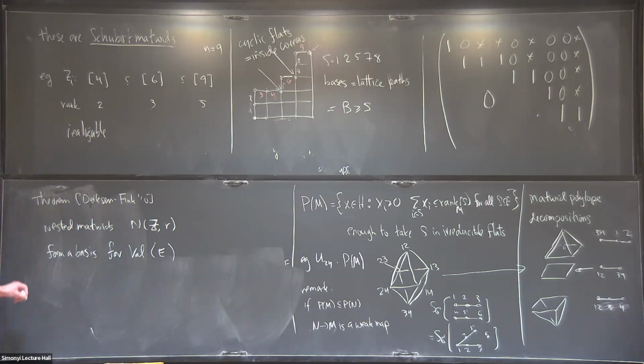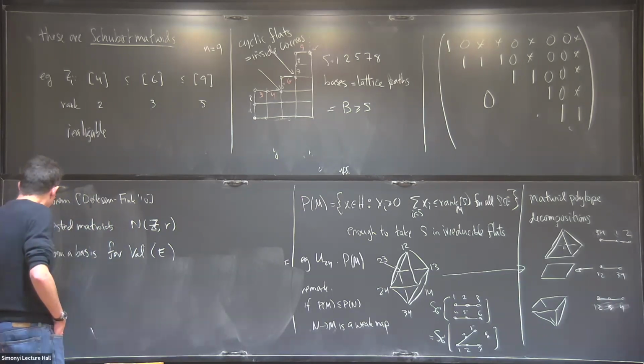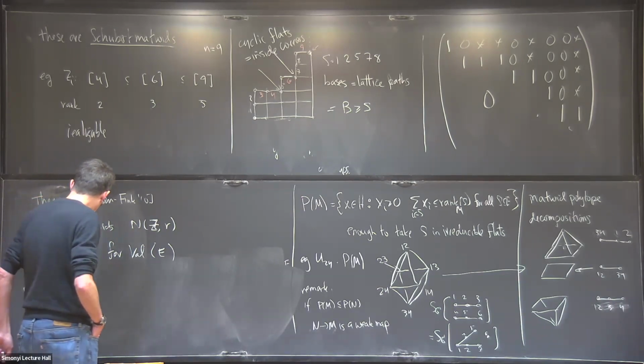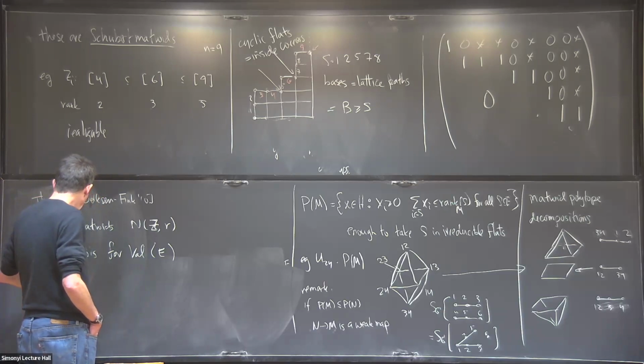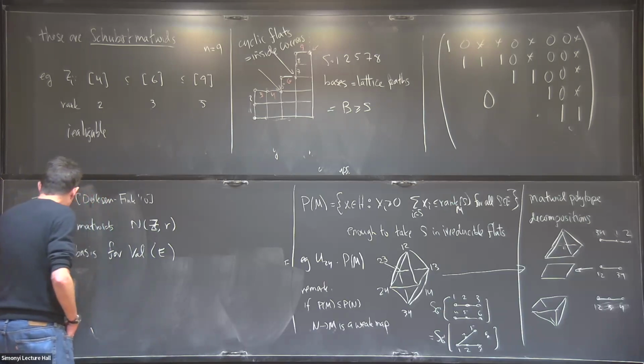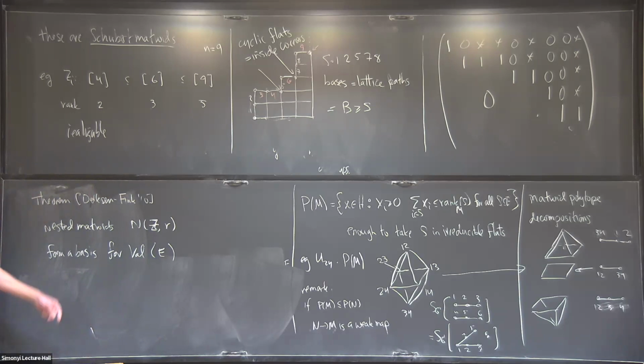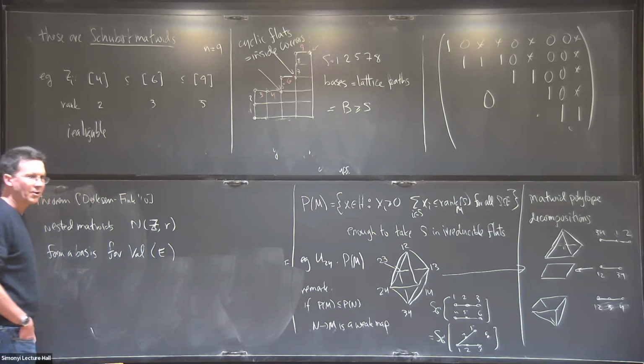So then these guys are, let's see, right, so I can uniquely write a matroid as a linear combination of nested matroids, modulo valuative relations.